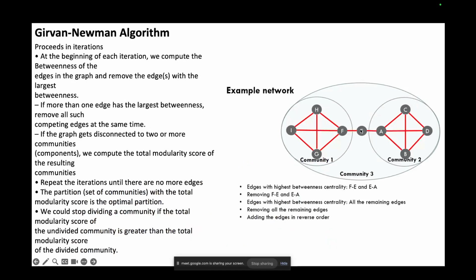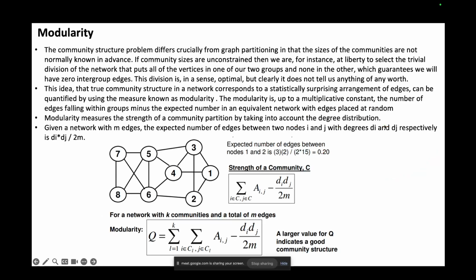These two groups you have divided up, you calculate modularity on these two groups: the number of edges falling inside these groups minus the number of expected edges in an equivalent network with the same number of nodes and with the edges placed at random. Statistically, if you have another network with the same set of nodes and edges placed at random, does your divided community have a better modularity compared to your previous community? This is what you calculate, right?